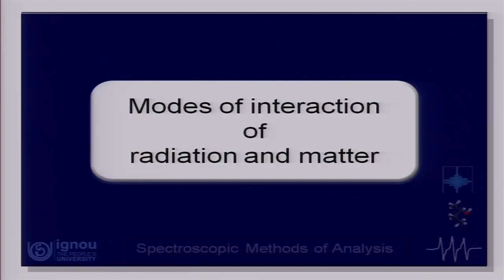Okay. Now, let us move further and see what the different possible modes of interaction of radiation and matter are, because we define spectroscopy as the study of interaction of radiation and matter. In what ways can the radiation and matter interact? Let us learn about that. When the radiation comes and interacts with the matter, there are three possibilities.